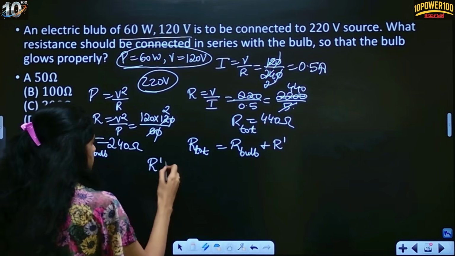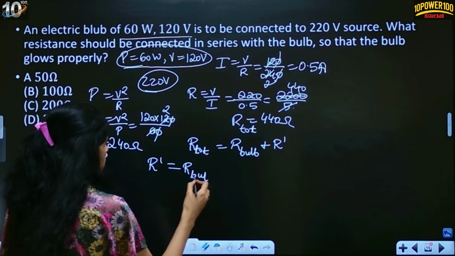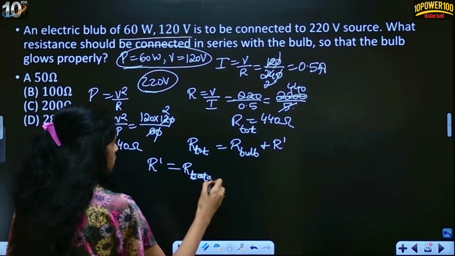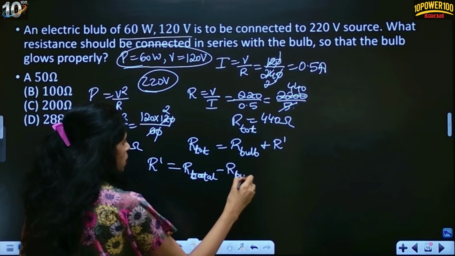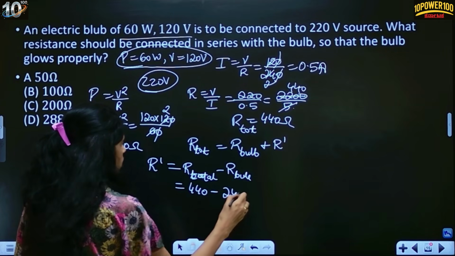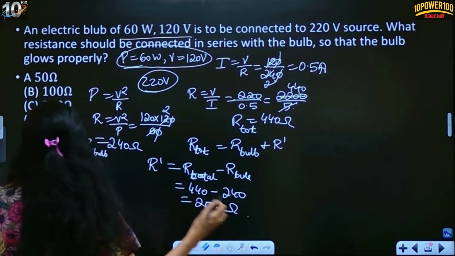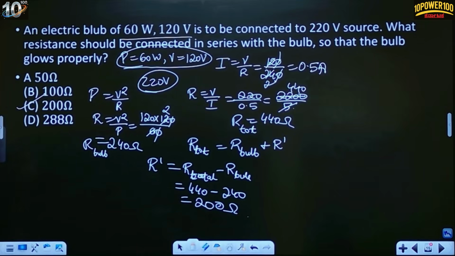So that resistance is the total resistance minus the resistance of the bulb. So total resistance is 440 minus 240. So you will get nearly 200 ohm. Yes, so that's the correct answer.